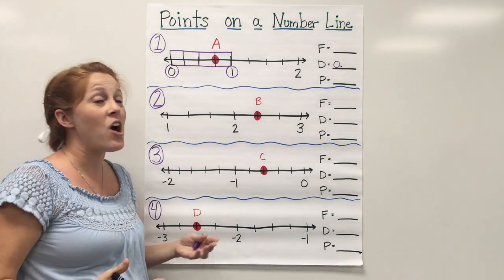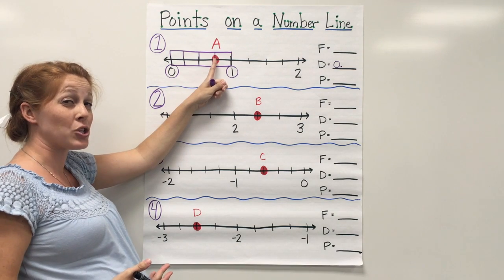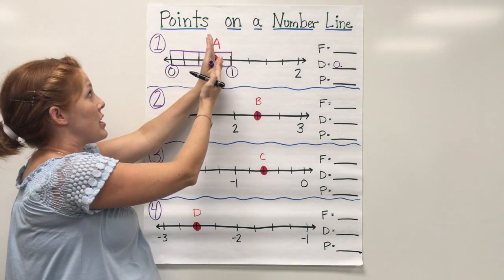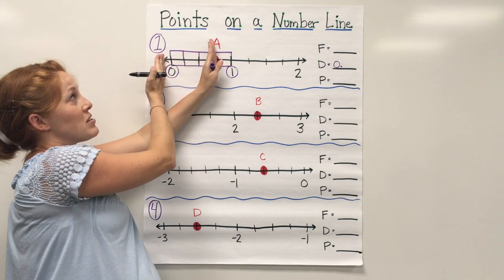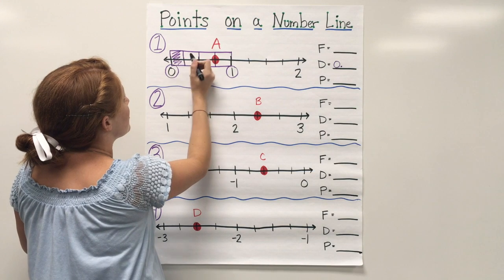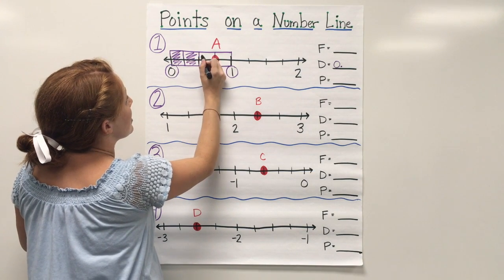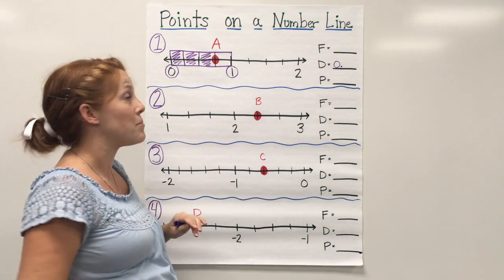Okay, now I'm going to find my point, and I'm going to shade the side that's closest to 0. So here's my point. 0 is on this side, so I'm only going to shade the pieces on this side of the train. So I'll shade this piece, and not this one because it's on the other side.